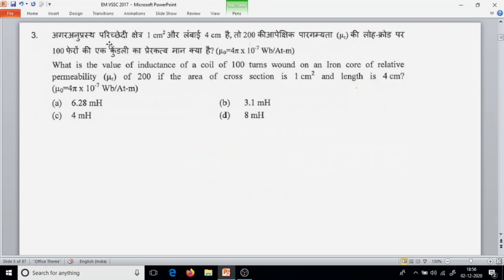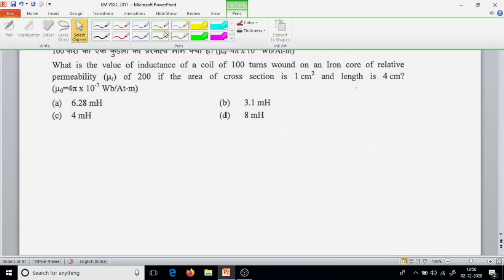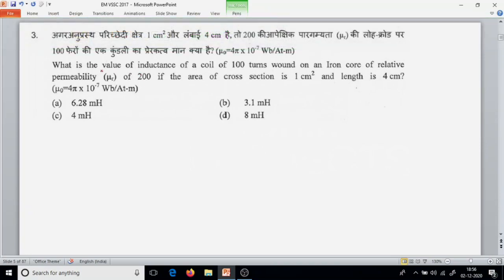Next question. What is the value of inductance of a coil? We have to find the inductance of a coil of 100 turns wound on an iron core of relative permeability of 200 if the area of the cross section is 1 centimeter square and length is 4 centimeter.